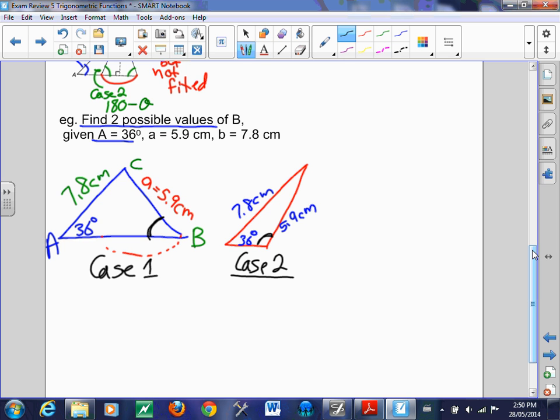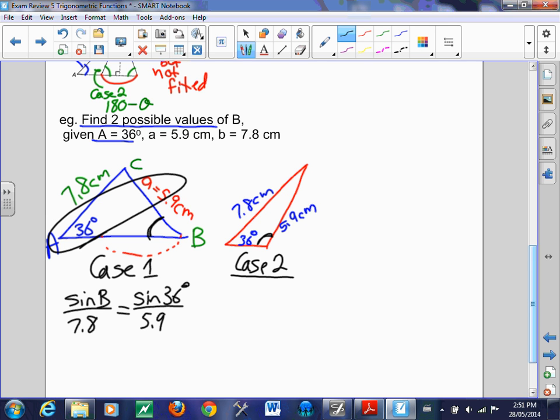So for case 1, what information do I have? Well, first of all, I've got a match that tells me sine law. So to find sine B, I'm going to go sine B over its match, which is 7.8 centimeters, equals the match that I have, which is sine of 36 degrees divided by 5.9. Remember the shortcut for this, ladies and gentlemen?